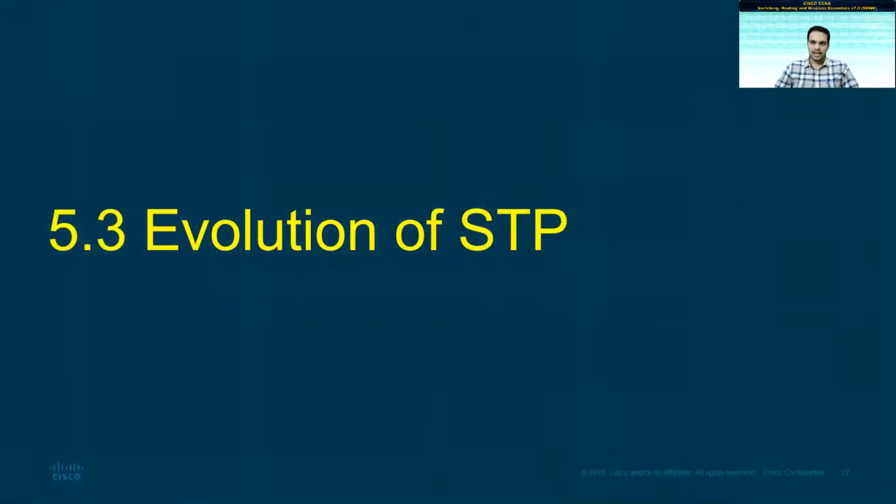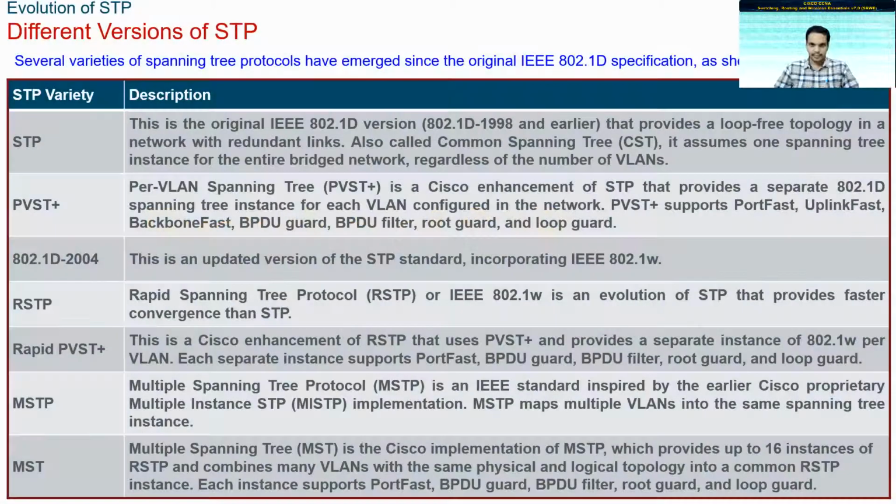Let us talk about the evolution of STP. There is a table which I brought out here, which shows you the different versions of STP which people usually work with. The first is the normal one, which is the original IEEE 802.1D version. The next one is PVST+, the per VLAN spanning tree, which is Cisco's enhancement of STP and provides a separate spanning tree instance for each VLAN configured.